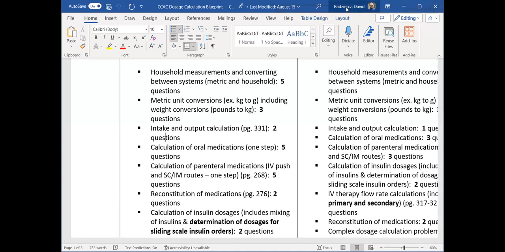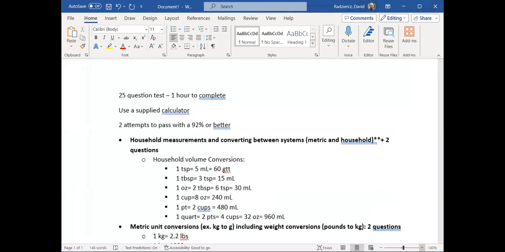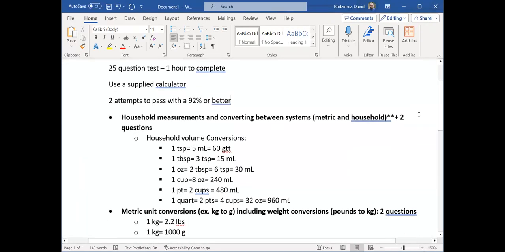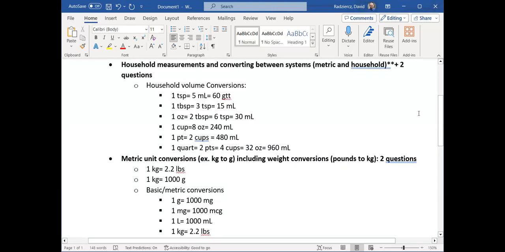All right, so let me switch back to this other screen here. The first thing you need to know about the different systems of measurement is there are some things you have to memorize because they will not be provided to you.